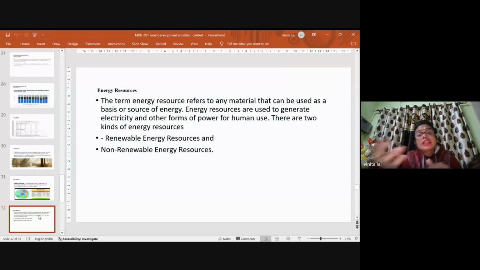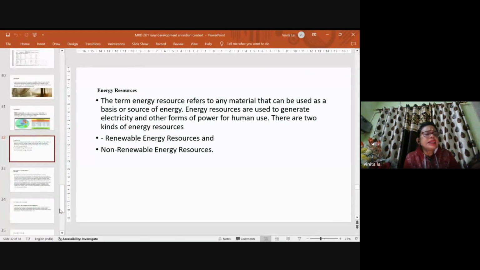As the earth's population continues to grow, the demand is changing away from traditional energy sources. Solar energy is an example of renewable energy. The planet provides a multitude of energy resources. So these are the two types of energy resources.